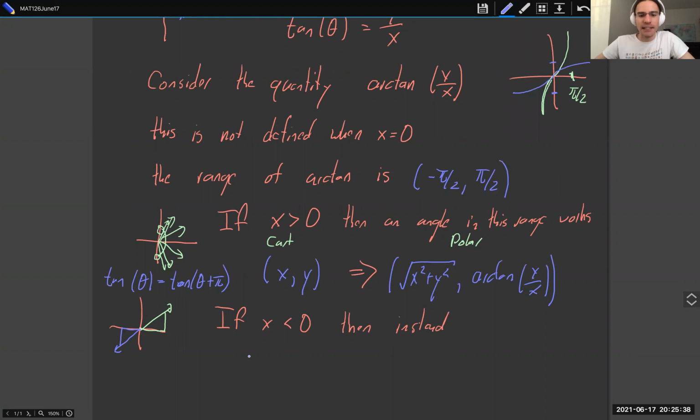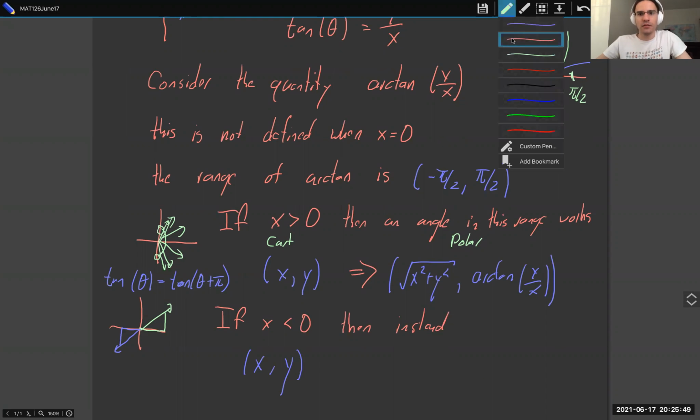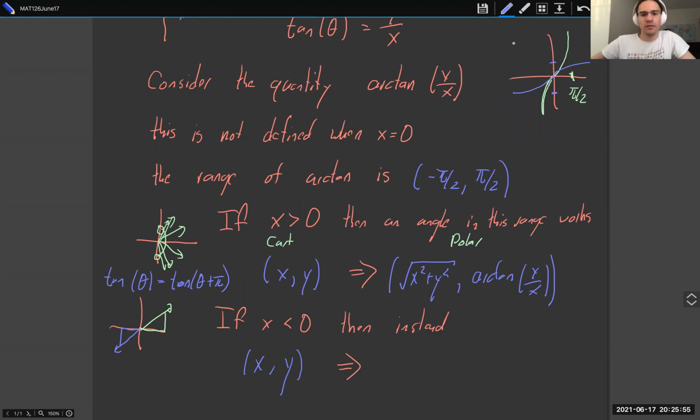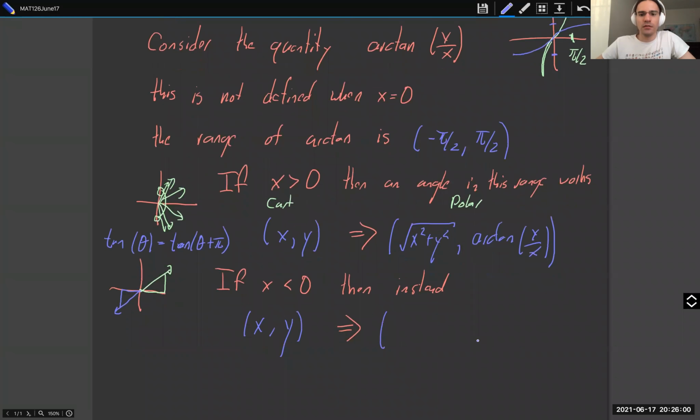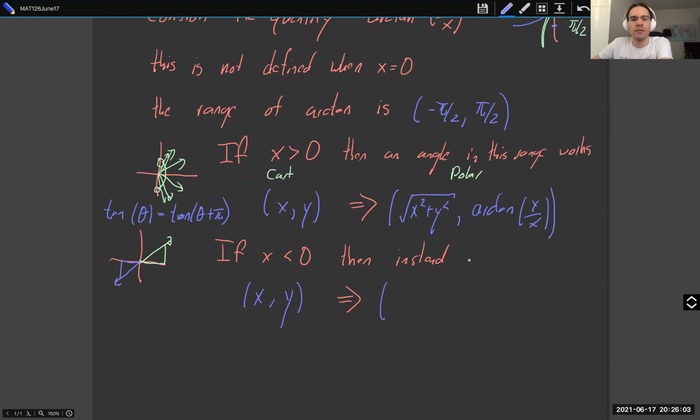Now, how can I correct that? I can either add to the angle or I can make the radius what? So I can make the radius negative, and then consider arctan y over x.